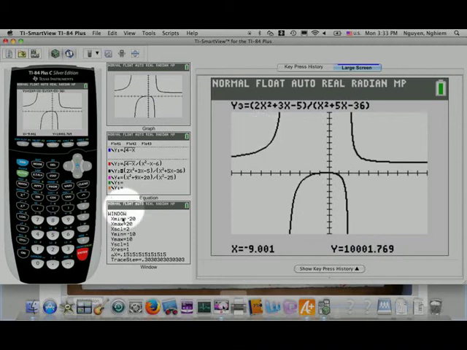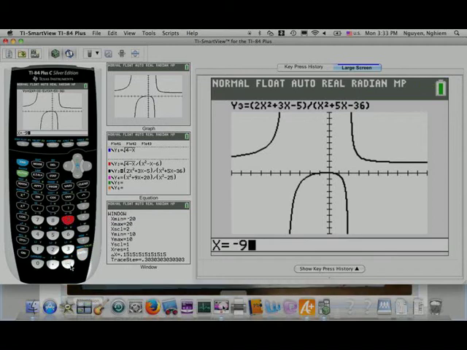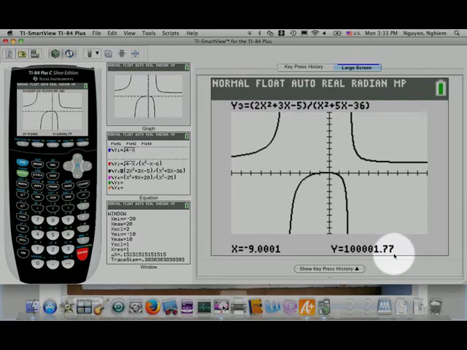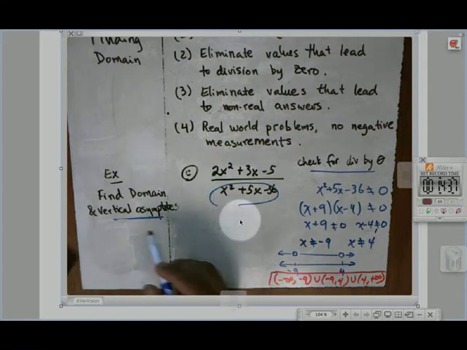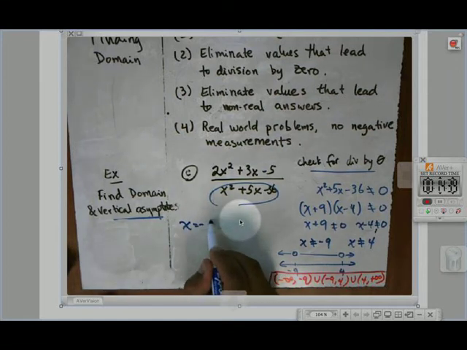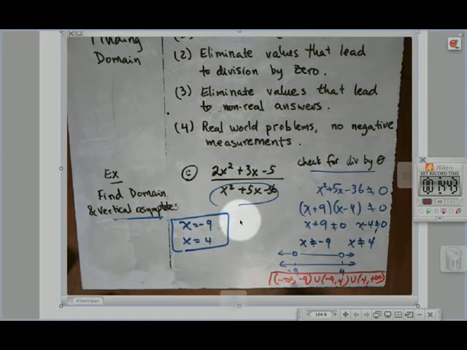Let's try -9.0001. And I get an even bigger number, because it's going towards infinity. Okay, so I can say that the vertical asymptotes here are x equals -9 and x equals +4. So these are my two answers.